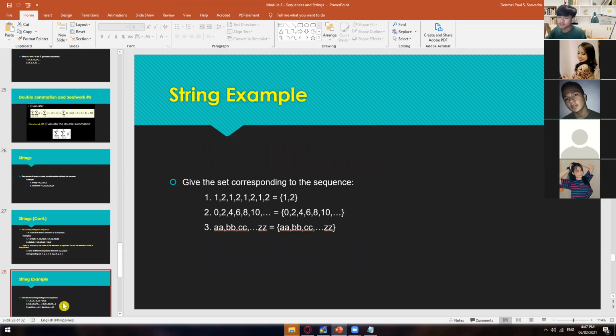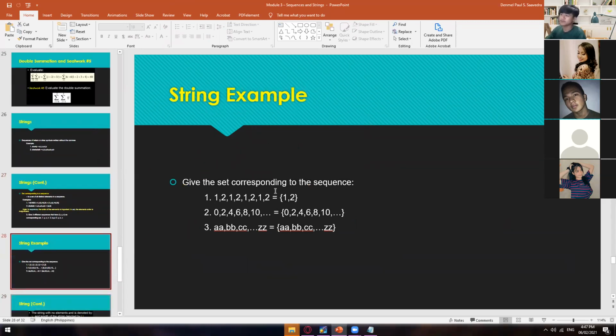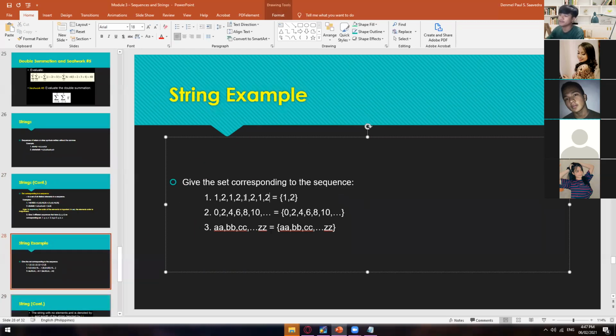All right, so we have here another string example. From set, we have here sequence. Again, in a set, since it should be only distinct and enclosed with curly brackets, you have to follow the same as this one.